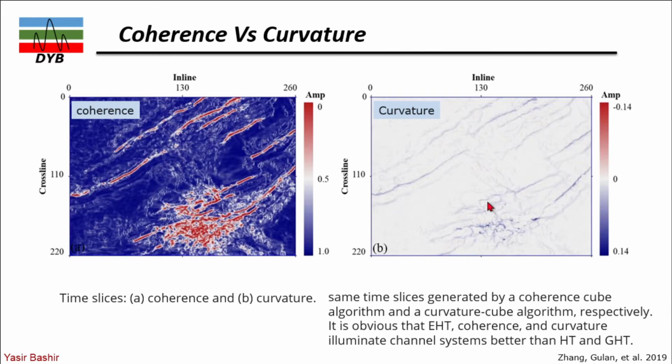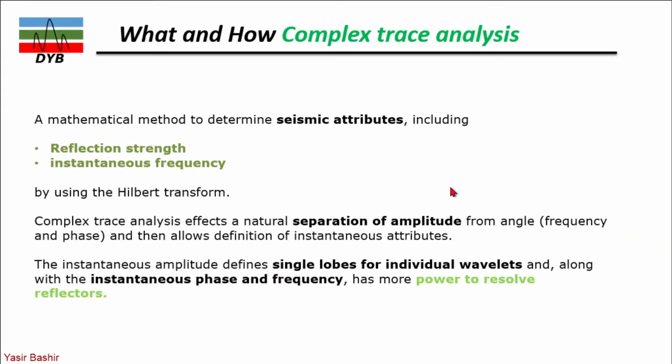But if you look at curvature, it is representing all the channels prominently. And obviously, it is better than the Hilbert transform, even the generalized Hilbert transform. So now we look at the complex trace analysis.